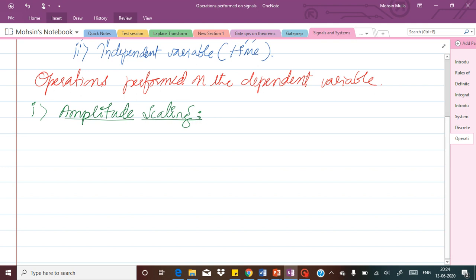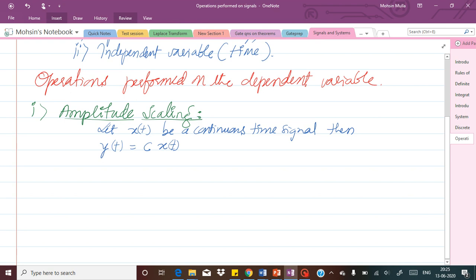Now this particular operation can be represented as follows. Let x of t be a continuous time signal, then the modified signal is given as y of t equal to c into x of t.